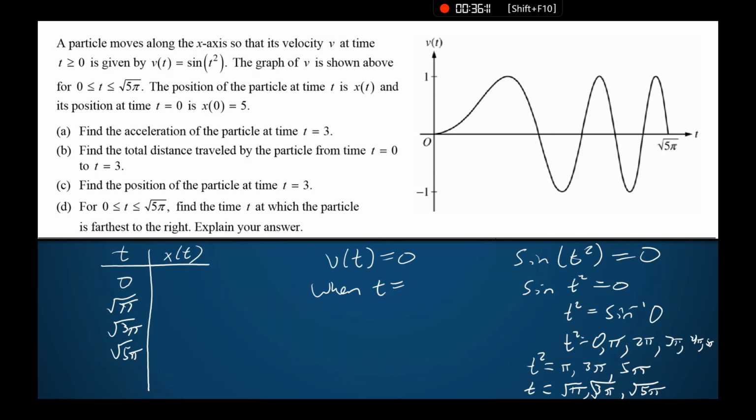Okay, so I'm going to plug these values into our position function, and we'll figure out which one is the furthest to the right. So we said v(t) is 0 and changes from positive to negative when t is root pi, root 3 pi, root 5 pi. I'm going to jump into my calculator.